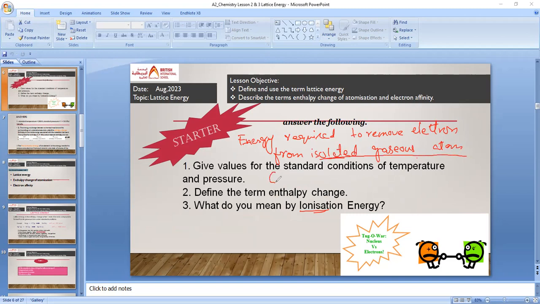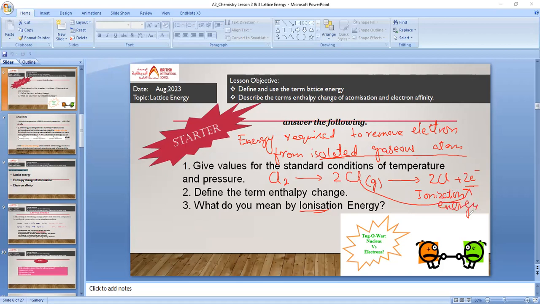Let's say we have chlorine gas. First of all, we will convert it into isolated atoms, like 2 Cl atoms in gaseous form, and then we will remove 1 electron from each chlorine atom. Each chlorine atom will donate 1 electron. The energy required for this reaction to remove an electron from the atom is called ionization energy.